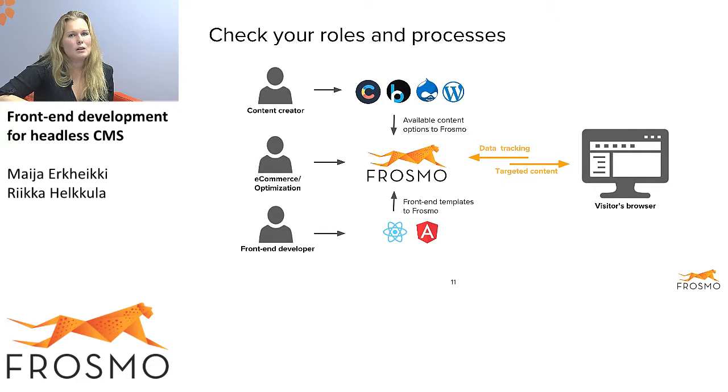And what Frosmo offers in personalization is a tool for the e-commerce manager, for example, that can utilize the content created by the content creator, as well as the front end templates built by the front end developer, and then assign these, when they do data tracking through Frosmo, so they know what type of audiences they have, so then they can target specified content to these audiences. So this is the workflow that is built for the e-com managers.